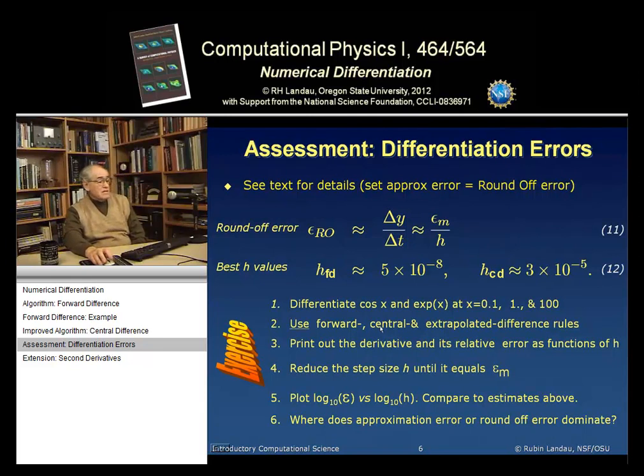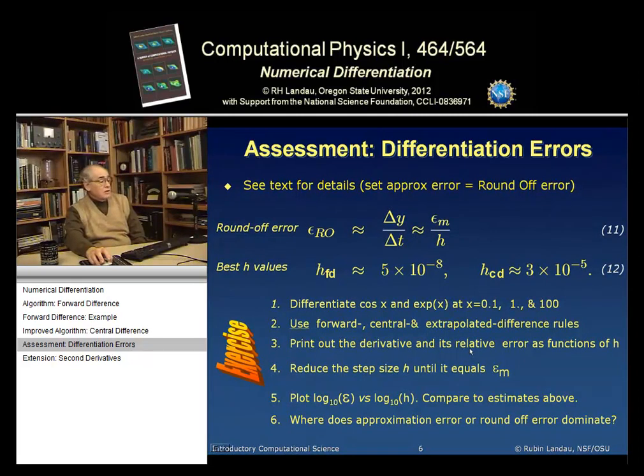The first one says, just take some simple functions whose analytic answers you know, but the method works just as well with known or unknown functions, functions with known or unknown derivatives, cosine x and exponential of x, evaluate them at points 0.1, 1, and 10, and find their derivatives at those points.